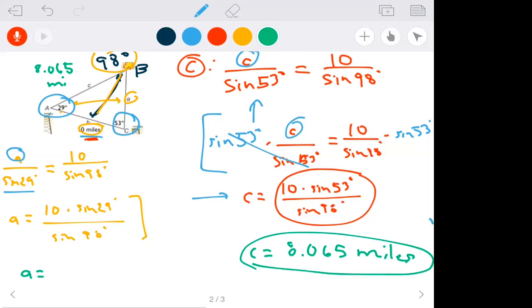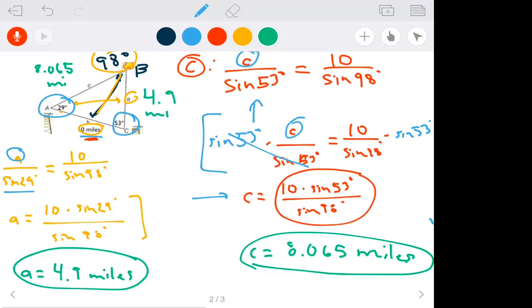I'm just going to round that to 4.9. So A is equal to 4.9 miles.